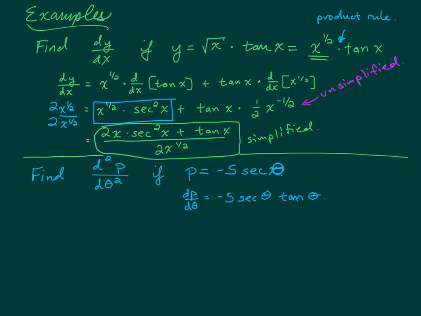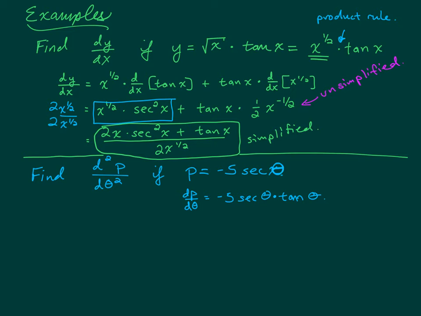Then the next thing that we need to do is find the derivative of the derivative. And what we need to recognize here is that there is a product here now.